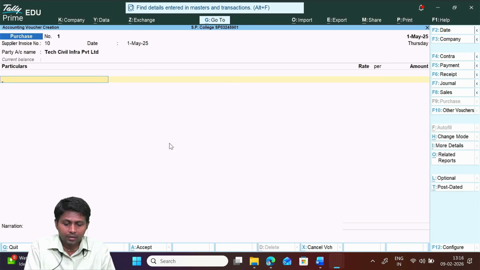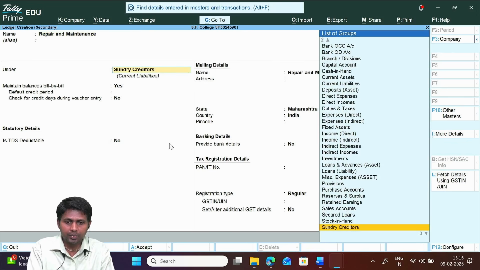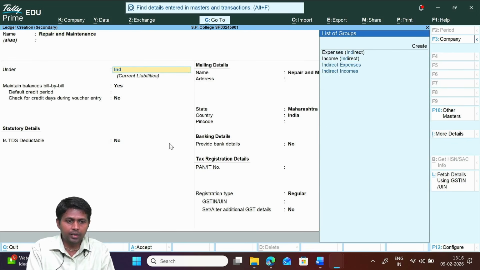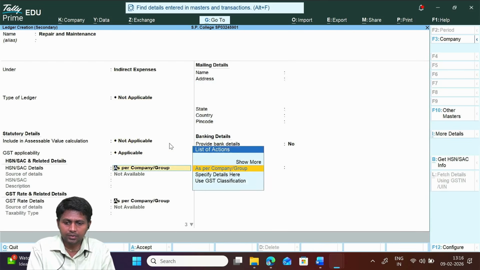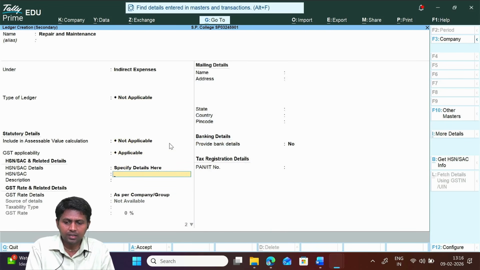Repair and maintenance. This is under indirect expenses. And for GST, specify details here, because if you want GST to be calculated automatically by Tally, then say specify details here.